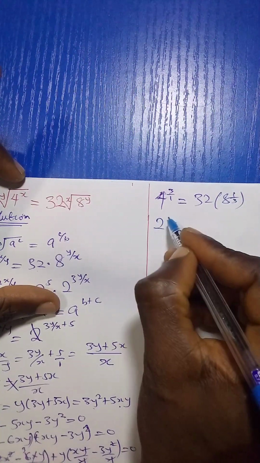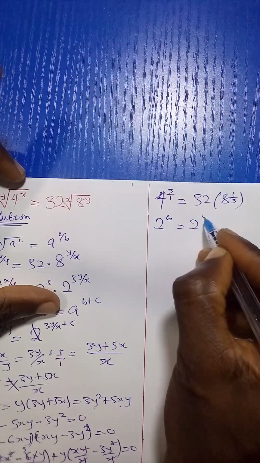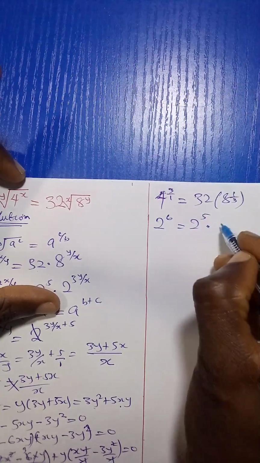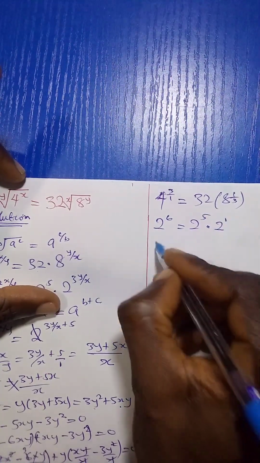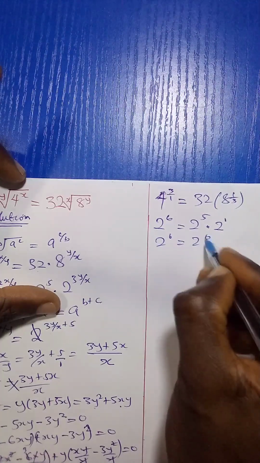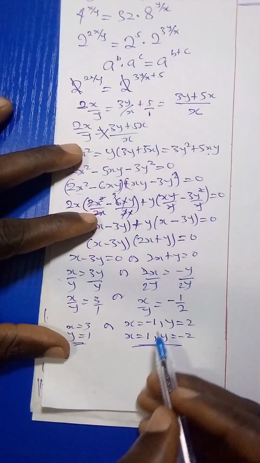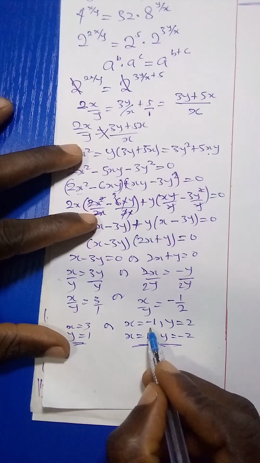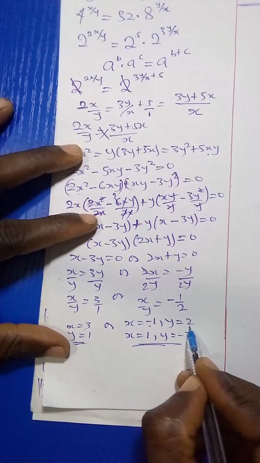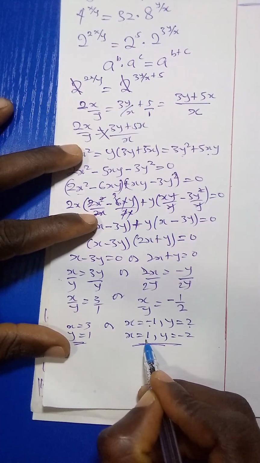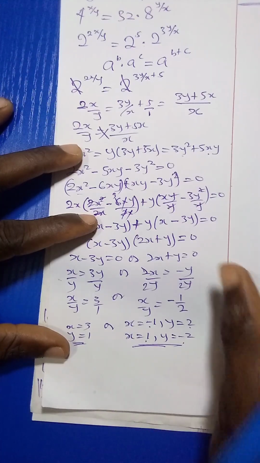So this is 2 raised to power 6 is equal to 2 raised to power 5 times 2 raised to power 1. 2 raised to power 6 is equal to 2 raised to power 6. We see we have a balanced equation. If we try the same thing for this pair of solutions, which is minus 1 for x and 2 for y, or 1 for x and minus 2 for y, we will get a balanced equation.